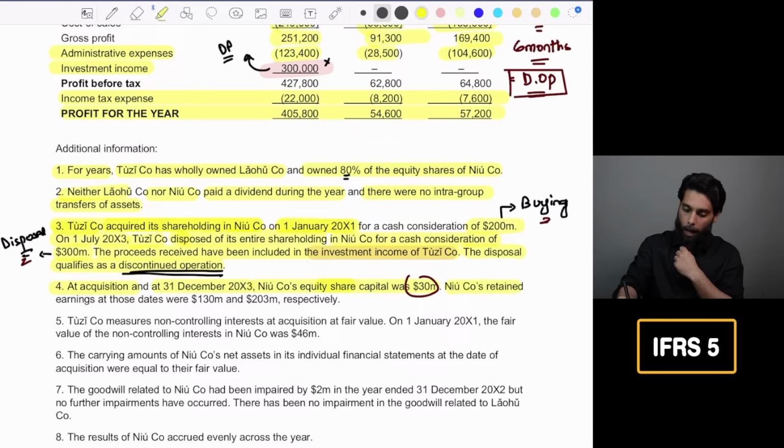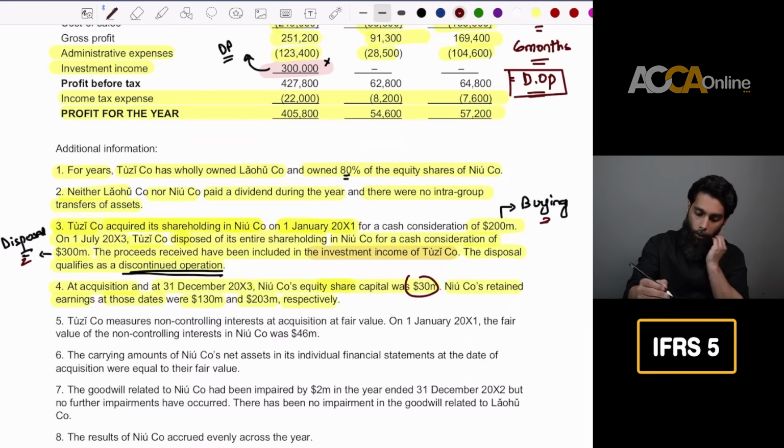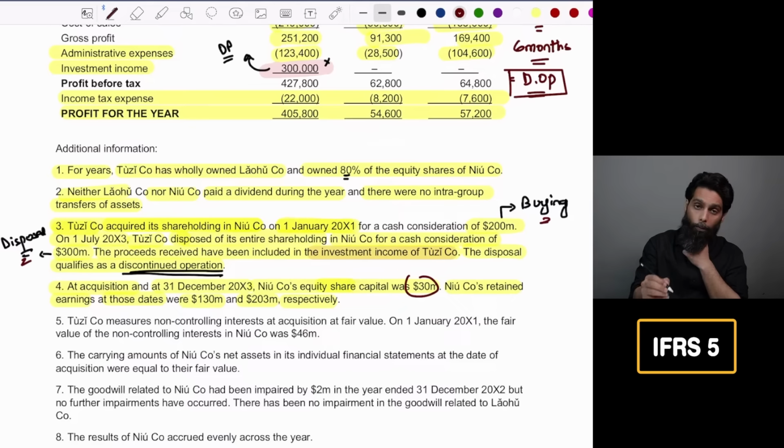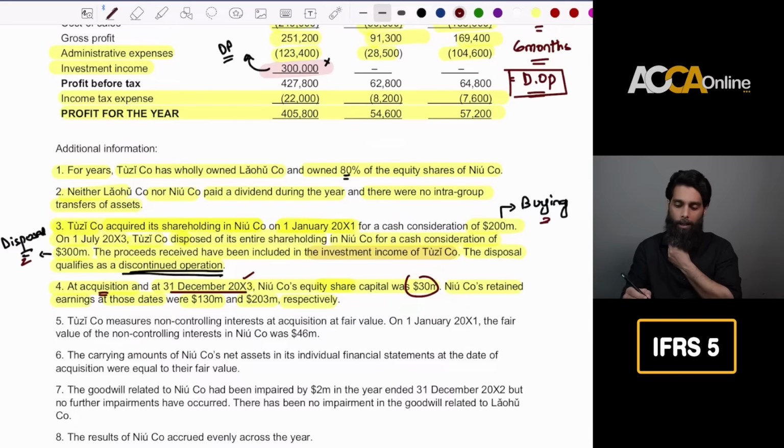Examiner says Neo company's retained earnings at those dates were 130 million and 203 million respectively. And by the way, you need to take this into account. I meant to say that at acquisition and at 31st December X3, not at the disposal date, share capital was 30 million and retained earnings were this.